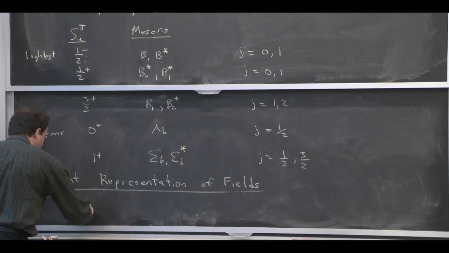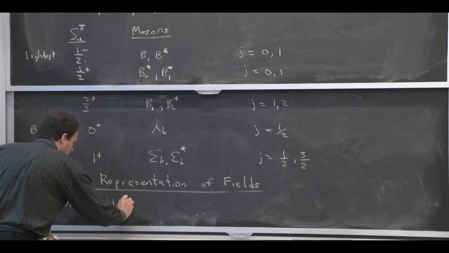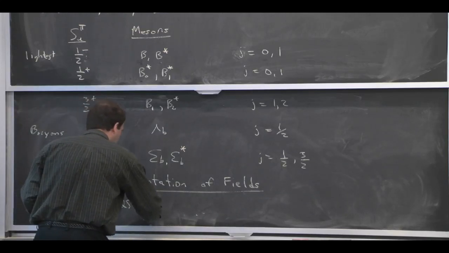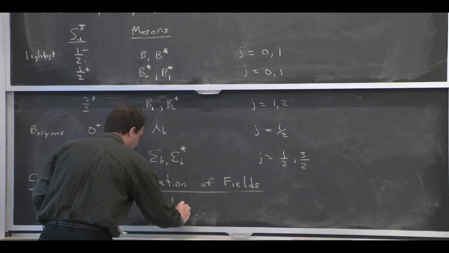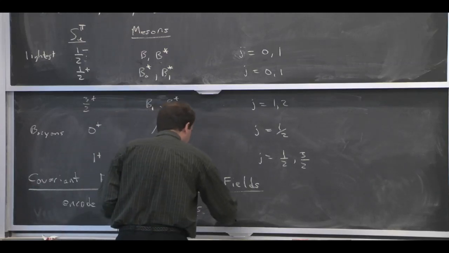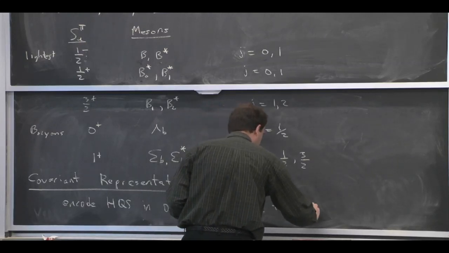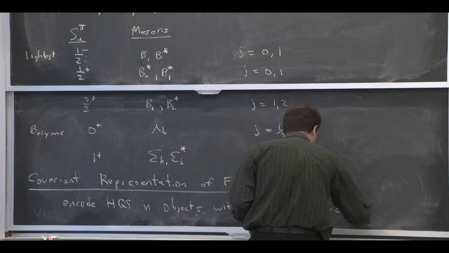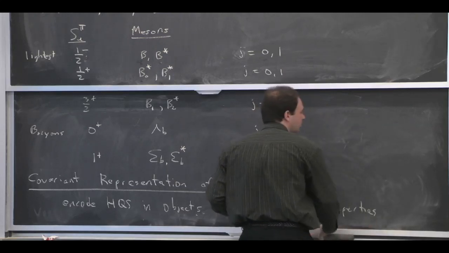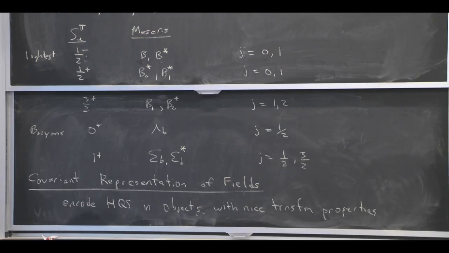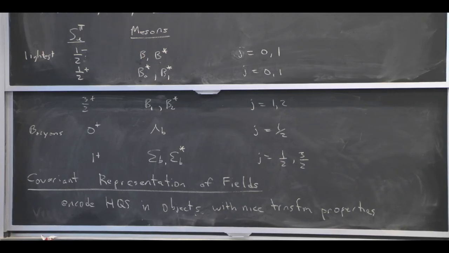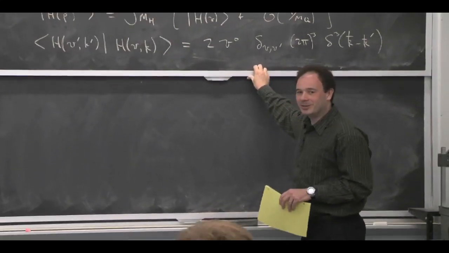So we're going to encode heavy quark symmetry in objects with nice transformation properties. The moral of this story is that it's much easier to take traces than to think about Clebsch-Gordan coefficients.